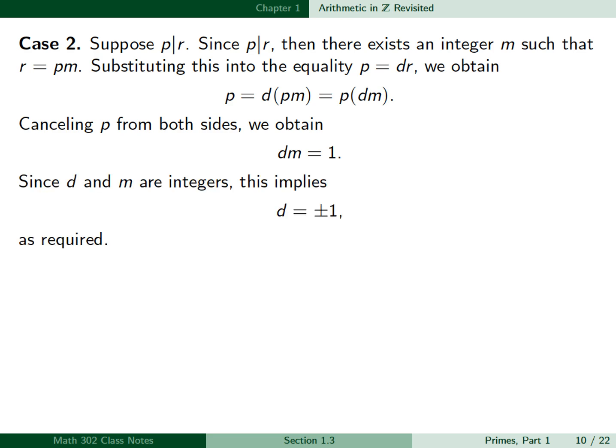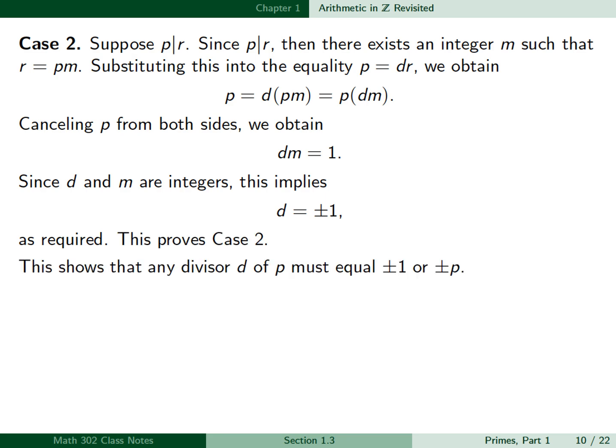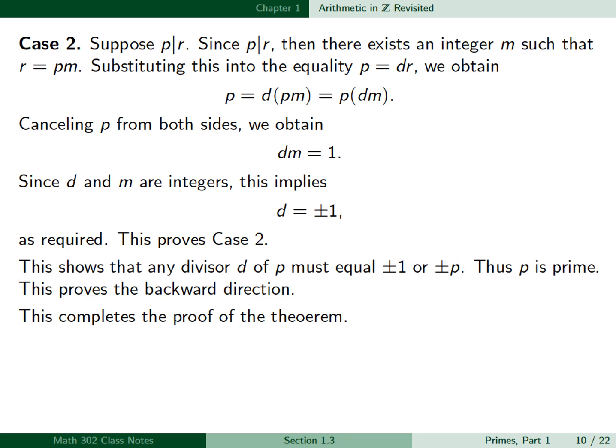And since d and m are integers, this implies that d is plus or minus 1, which proves our conclusion. And so this proves case 2. This shows that any divisor d of P must equal either plus or minus 1 or plus or minus P, and thus P is prime. This proves the backward direction, and this completes the proof of the theorem.